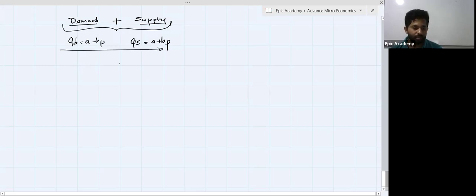Equilibrium position means the price and the quantity at which both sellers and buyers are willing to buy and sell, equal to their expectations, and agree to exchange goods and services. That's the point we call the equilibrium point.